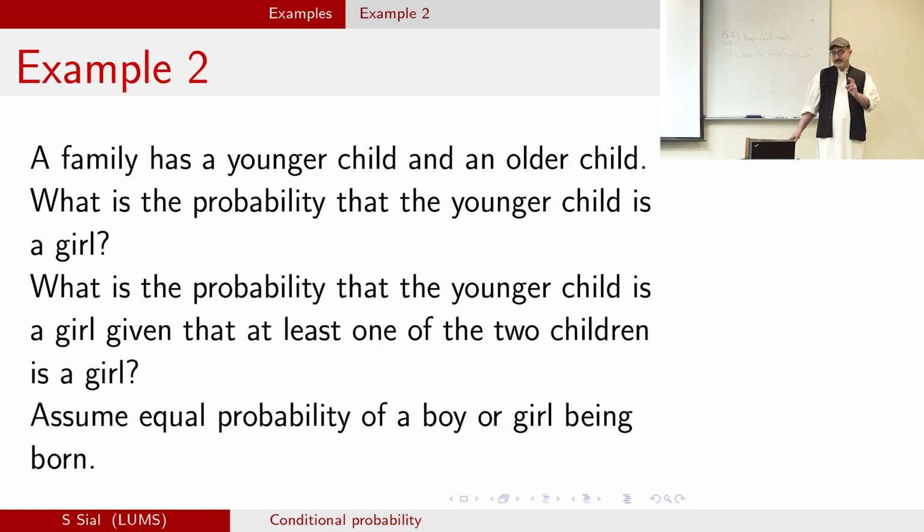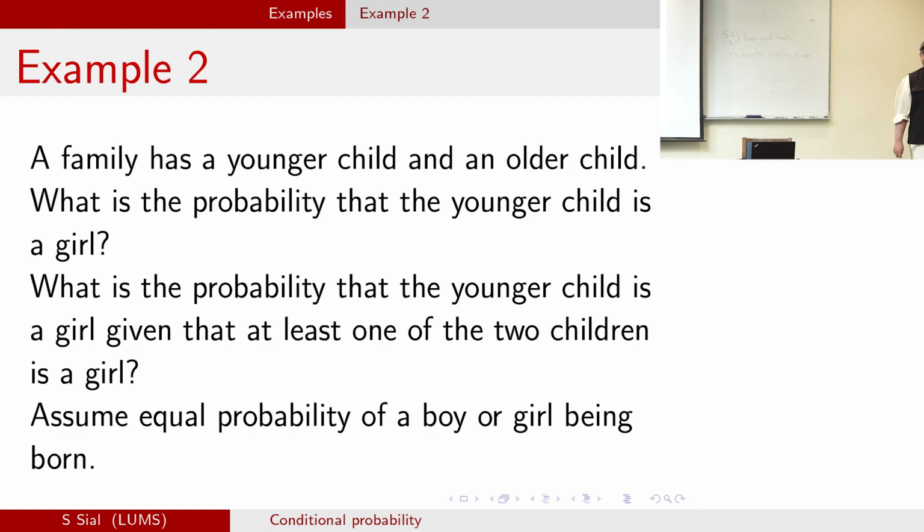Second question: what is the probability that the younger child is a girl, given that at least one of the two children is a girl? Can you think about that for a minute, and then we'll work through it? I'll give you 1 minute to work it out.